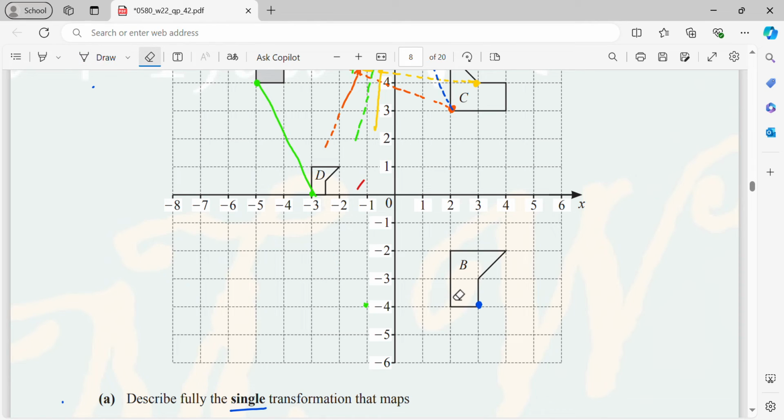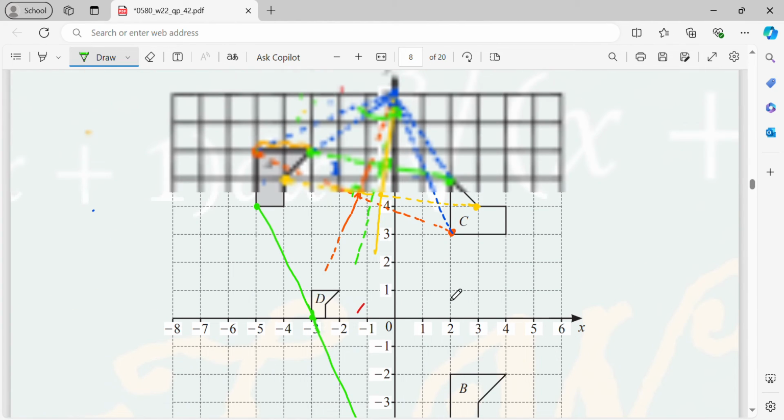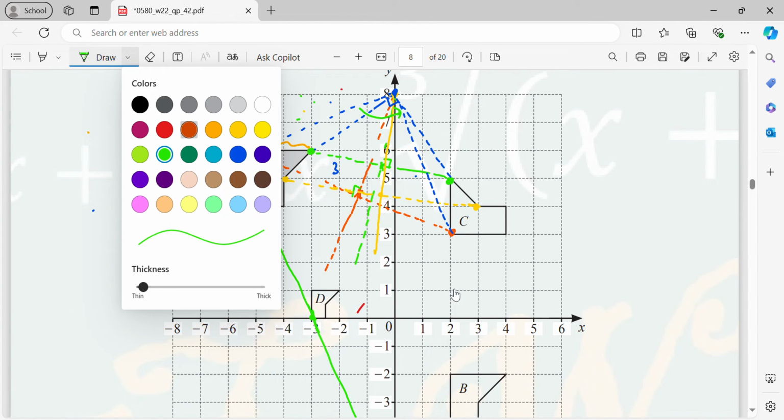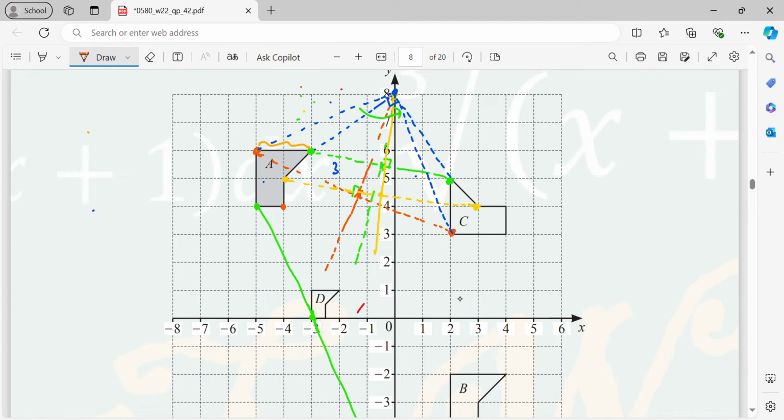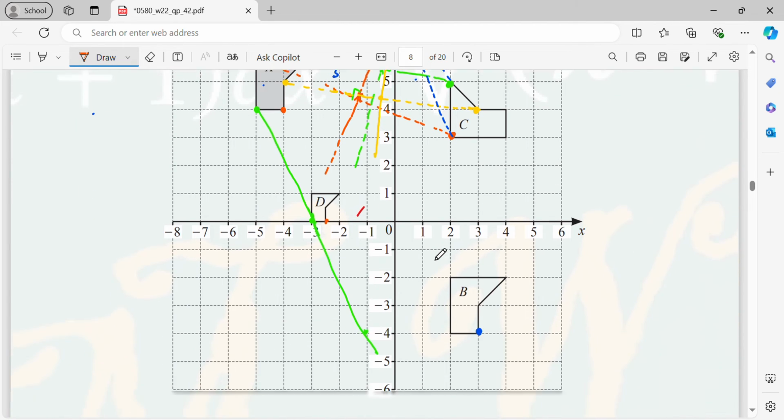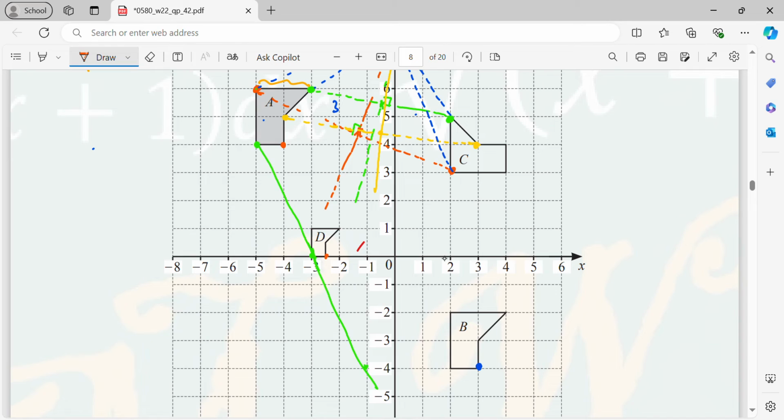That's why you must draw using a ruler. Then the next point, just join again using a ruler. You will get the line intersecting at -1, -4.